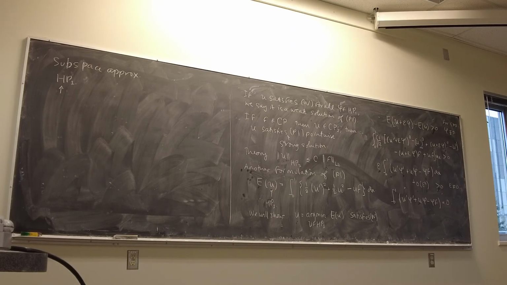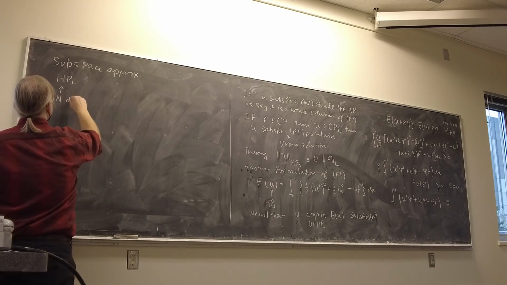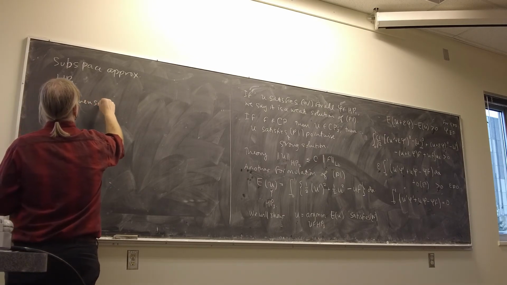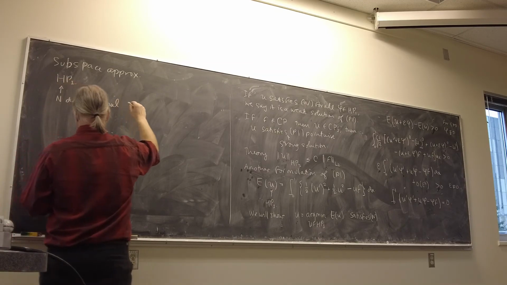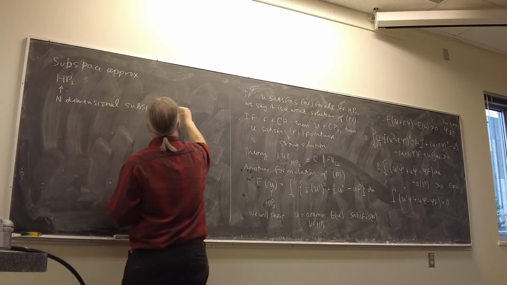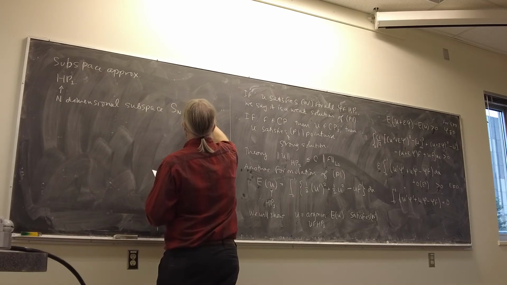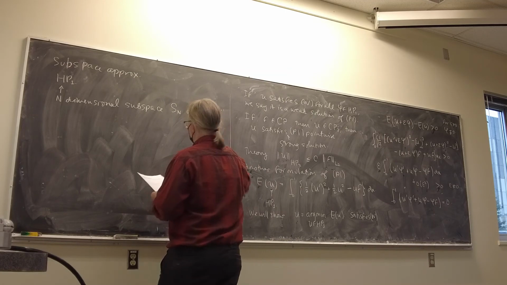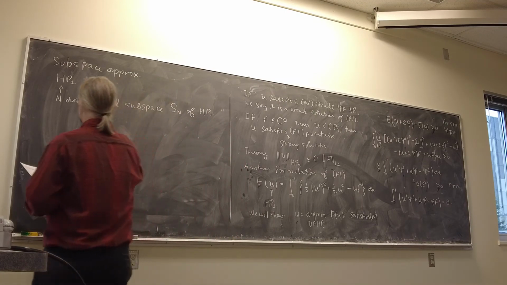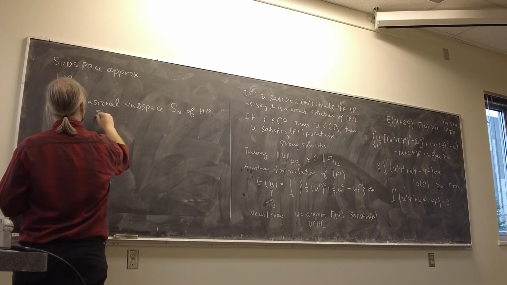Let's do that, but we're going to be more general in our subspaces. So we're going to have an n-dimensional subspace S of H, and we're going to have a basis for it. So there'll be n functions.